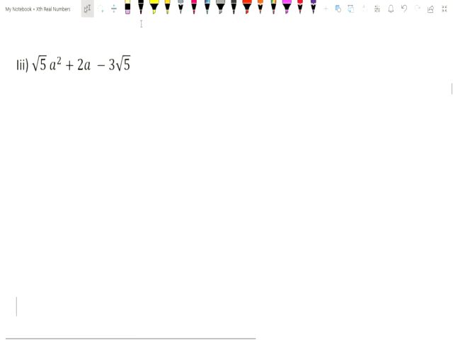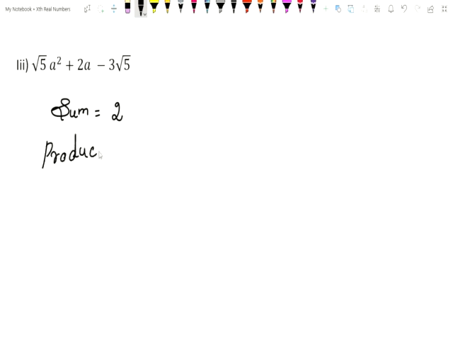Root 5 a square plus 2a minus 3 root 5. Here sum equal to the coefficient of a, plus 2. Product equal to the multiplication of the constant and the coefficient of a square. Here root 5 into minus 3 root 5.